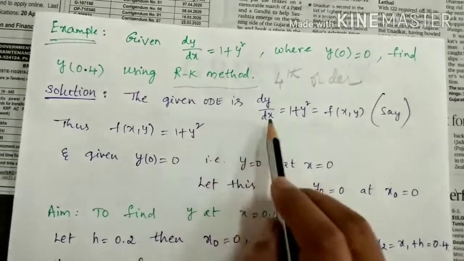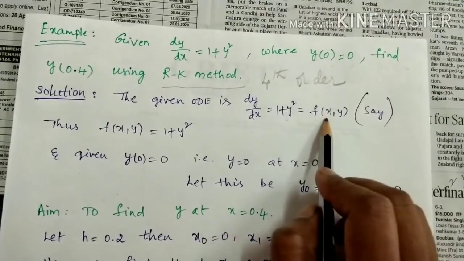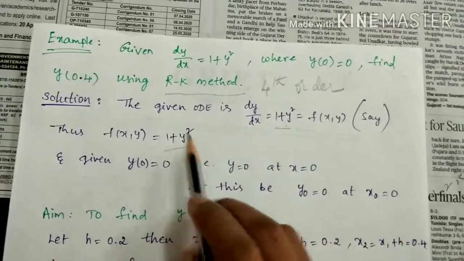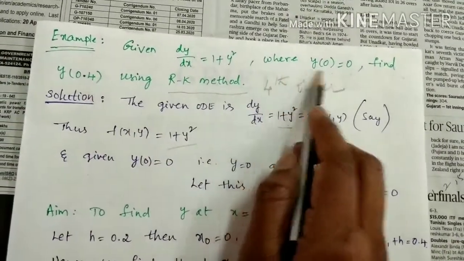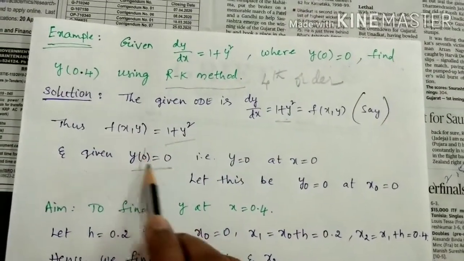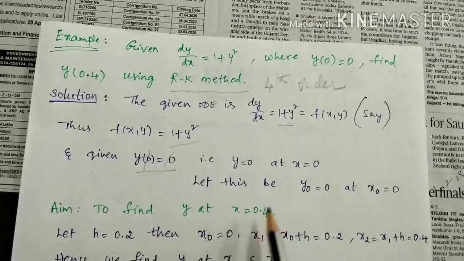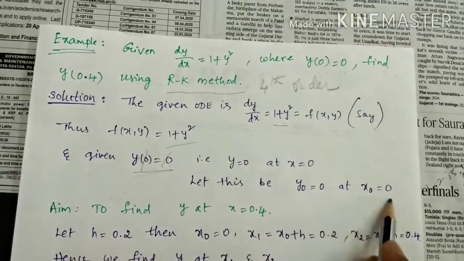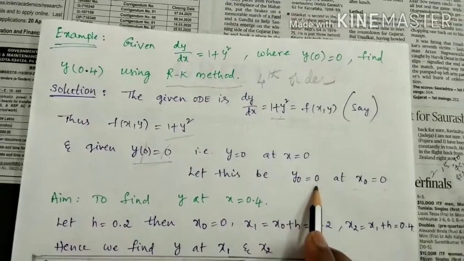First, let us take our differential equation and compare this with the form dy by dx equal to f of x comma y, so that f of x comma y equal to 1 plus y square, and this equation is subjected to the condition y of 0 equal to 0. It means that y at x equal to 0 is equal to 0, and we take these x and y values as x0 equal to 0, and the corresponding y0 is also 0.